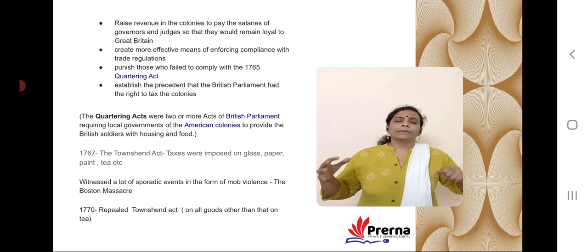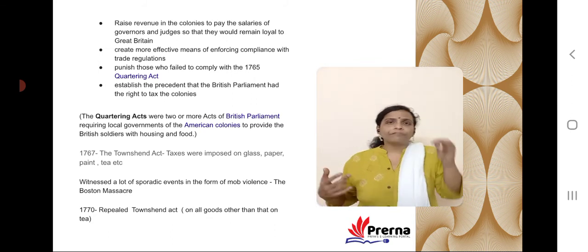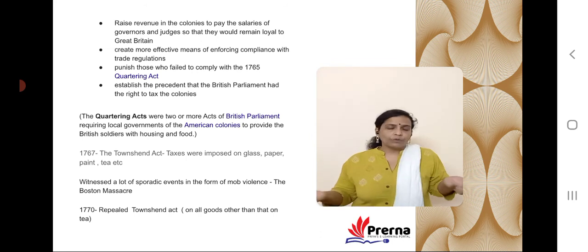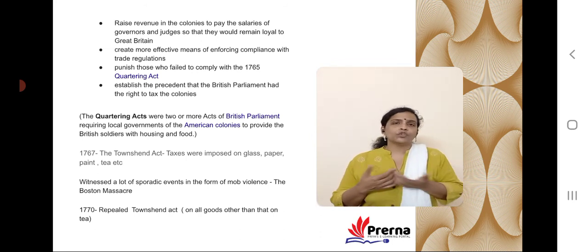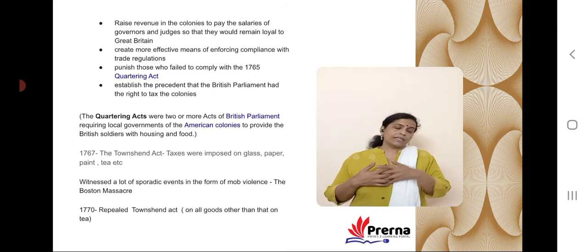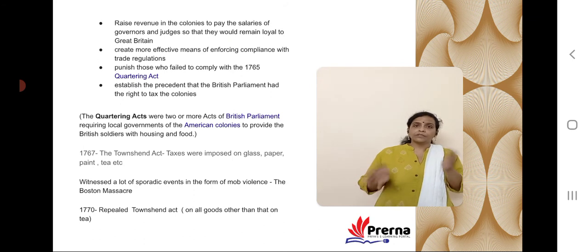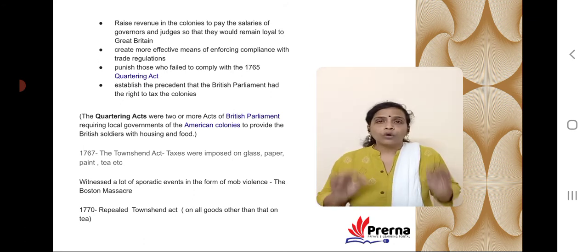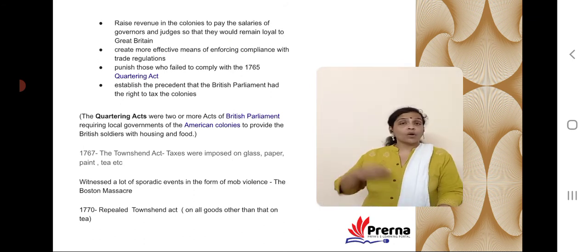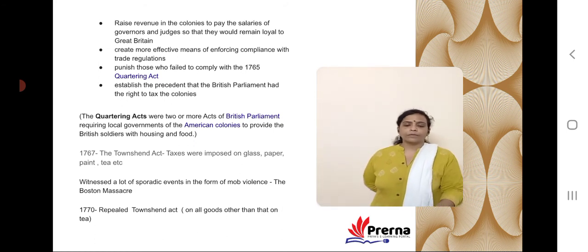So you find soldiers all around patrolling, and they also interfered in the privacy of private individuals. Anytime they could enter homes and conduct raids. So this actually questioned the privacy which the people had. The Quartering Act, again, which was grossly disliked, that was in 1765.